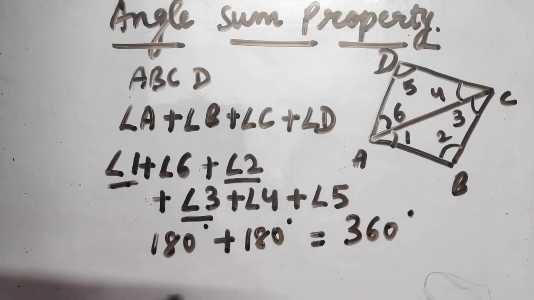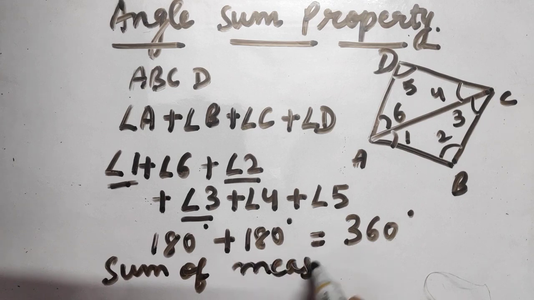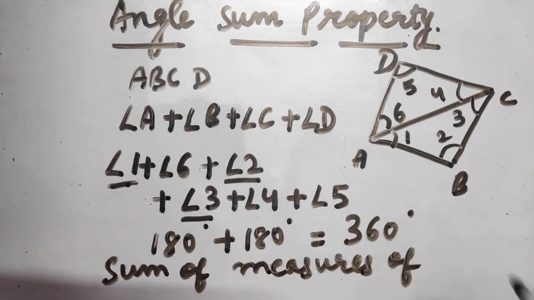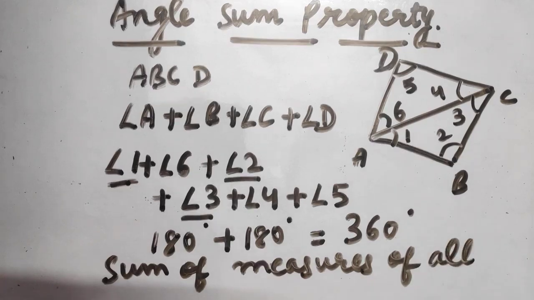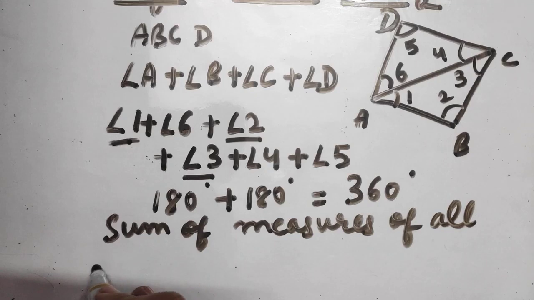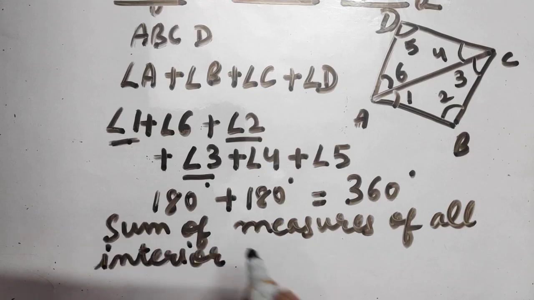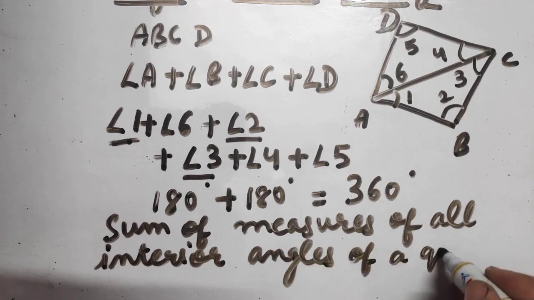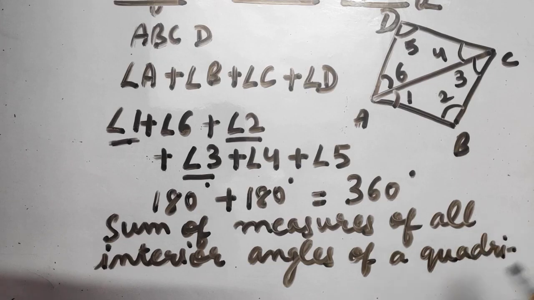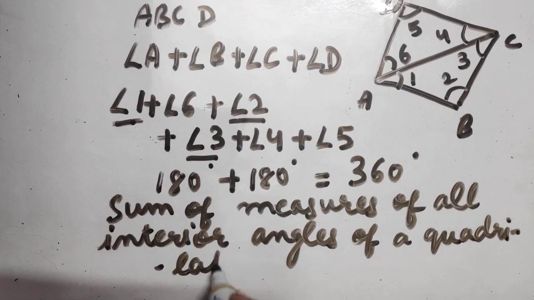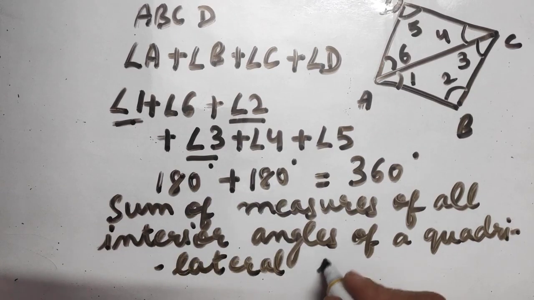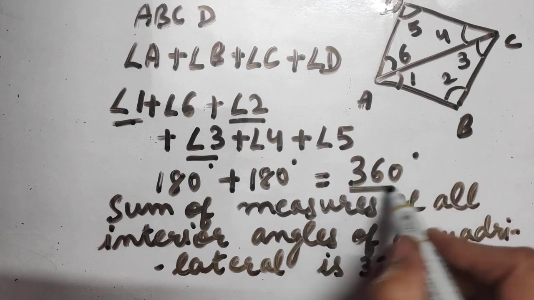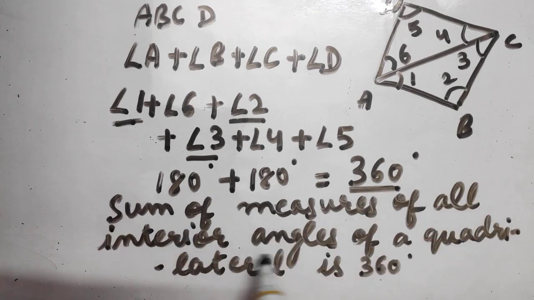So you can see, dear children, the sum of measures of all the interior angles of a quadrilateral is 360 degrees.